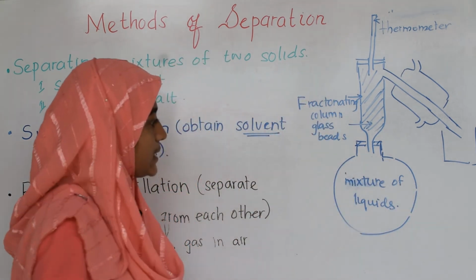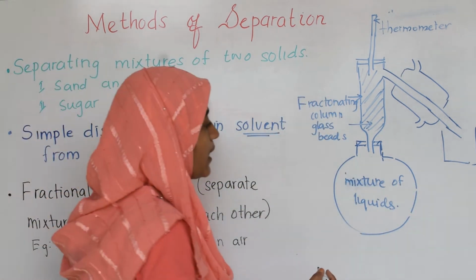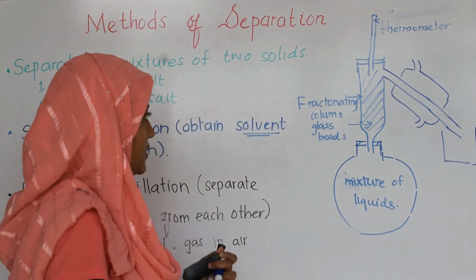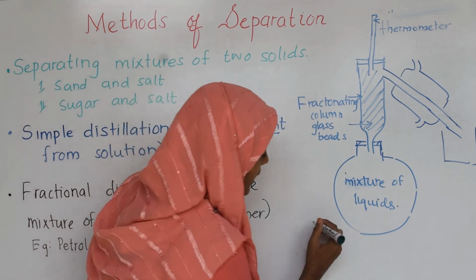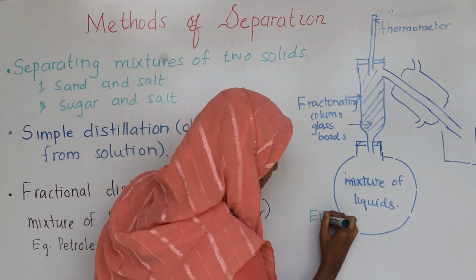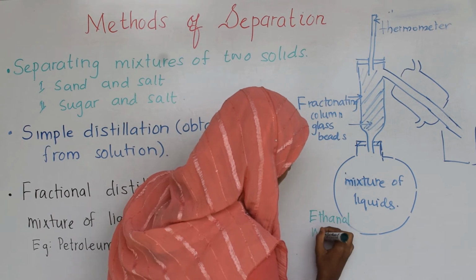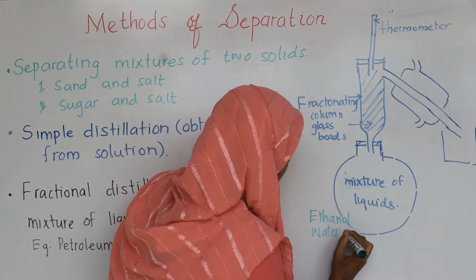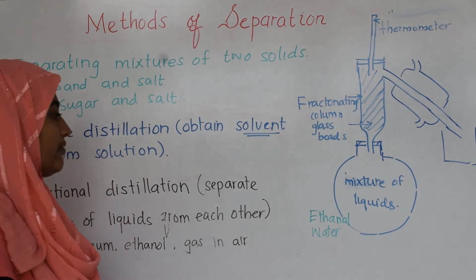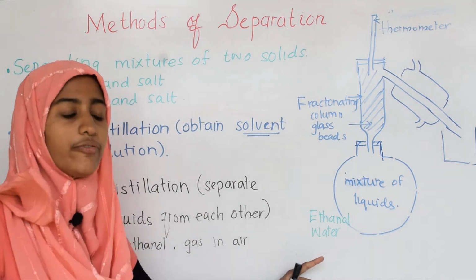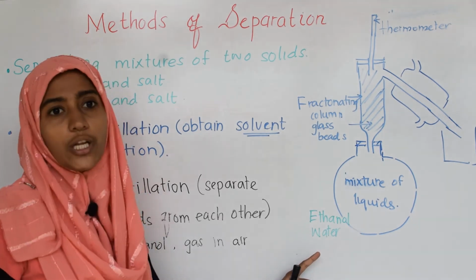Now let's say this is a mixture of ethanol and water. So we know the boiling points of ethanol and water. This fractional distillation process actually uses the concept of different boiling points.